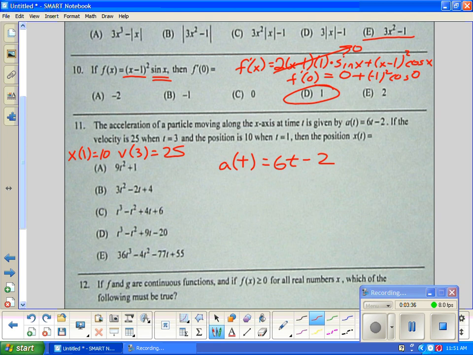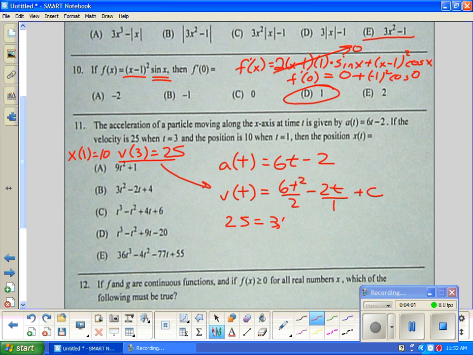So the antiderivative of acceleration is velocity. 6t squared over 2 minus 2t over 1 plus c. But we have an initial condition right here to plug in to figure out the c. So I know that 25 equals, and then do you guys agree that's 3t squared? So 3 times 3 squared minus 2 times 3 plus c. 27 minus 6 is 21. What's c got to be? 4. I used the initial condition to figure out the constant.